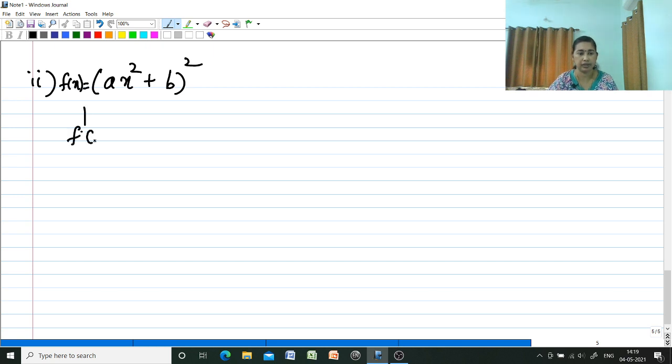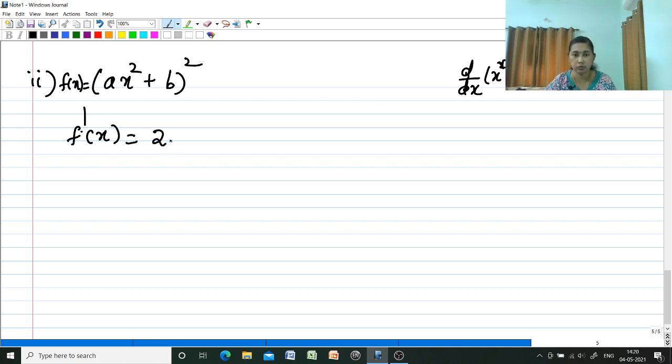So f dash x is equal to, since it is whole raised to 2, something raised to 2, we know that derivative of x raised to n is nx raised to n minus 1. So here consider it as a single term and then raised to 2.